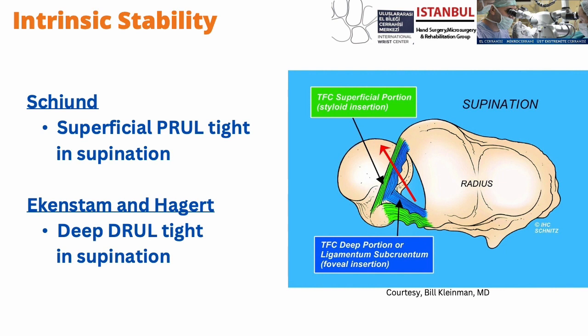Later, they performed another study from a different perspective and showed that the two components of the TFCC act differently. During supination, the superficial palmar radioulnar ligament and deep dorsal radioulnar ligament are tight.